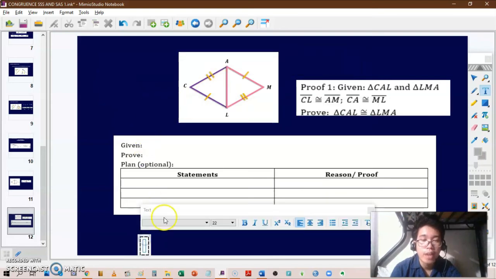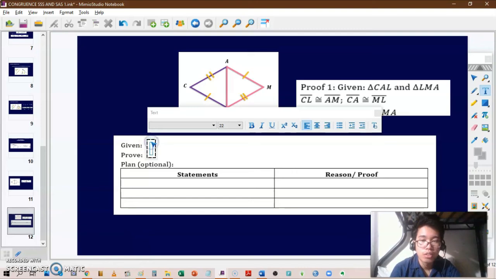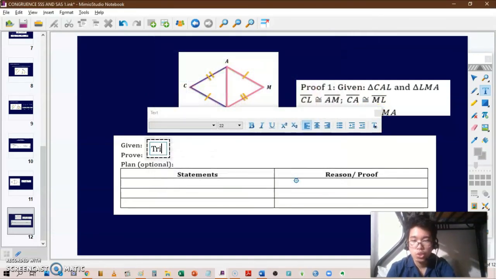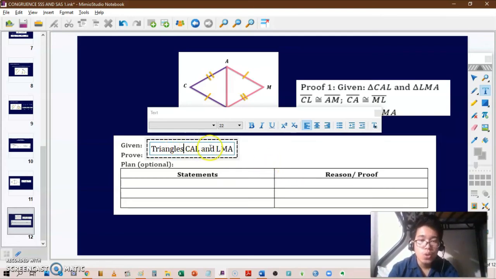For the given, we simply write what has been given to us. So we can write here triangles CAL and LMA, and also line segment CL and AM are congruent.